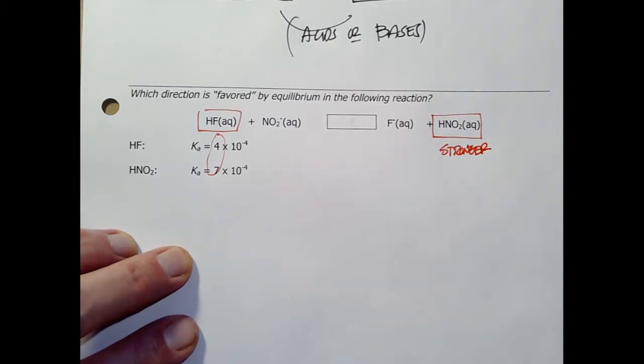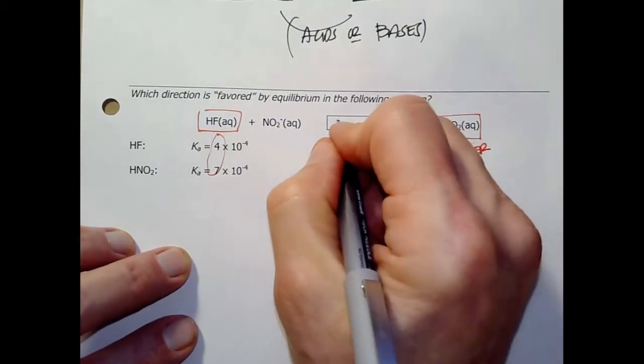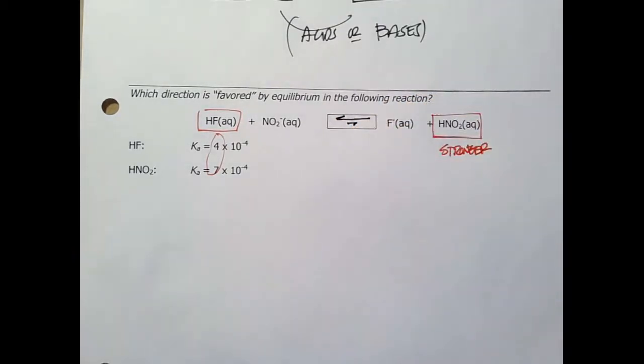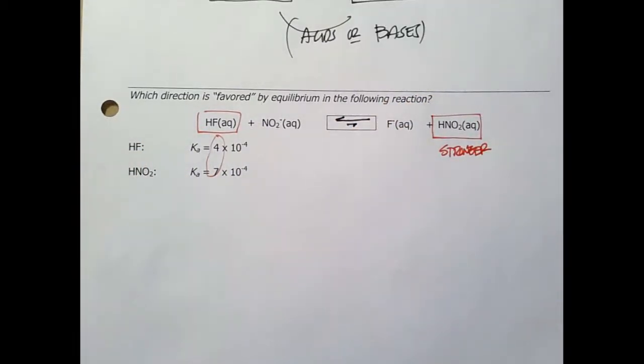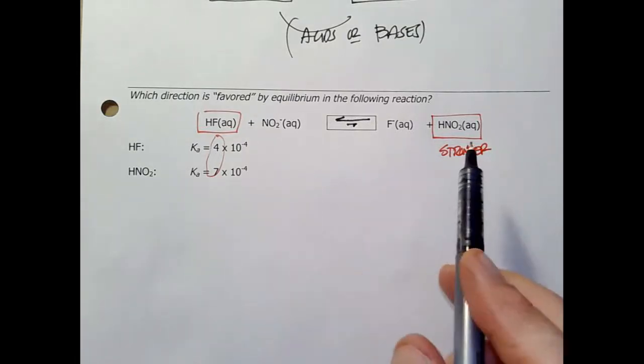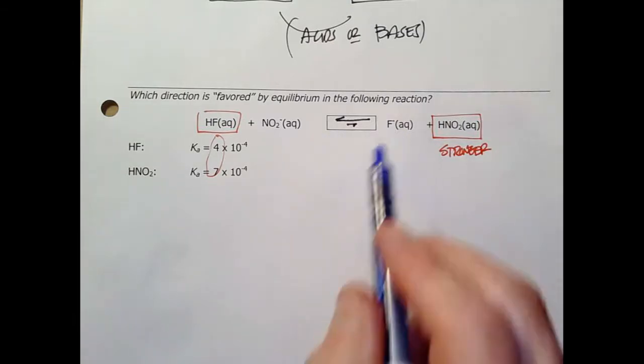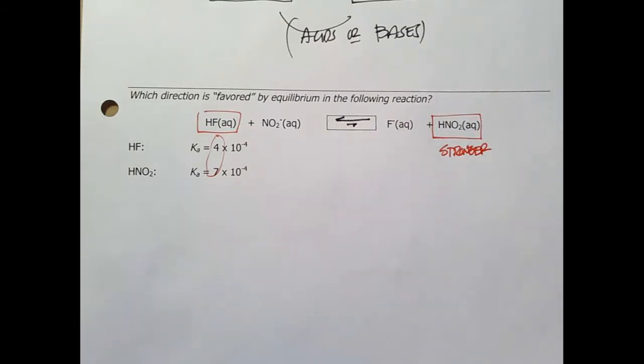So when I think about the equilibrium, the stronger is going to win. I draw my little arrow like that, saying the quote-unquote reactants are favored. The stronger acid sort of drives the equilibrium to the left. And we could compare the conjugate bases as well, which we will do on the next page.